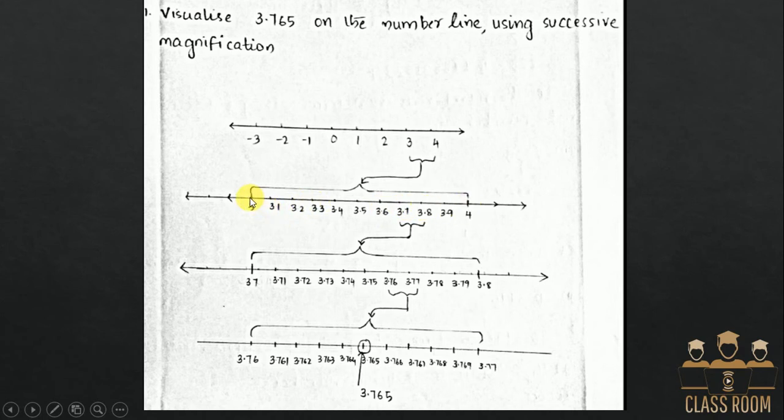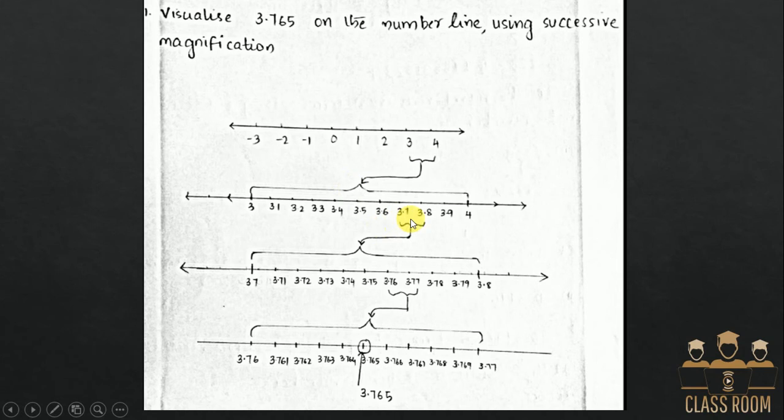So between 3 and 4 we can write 3.1, 3.2, 3.3, 3.4, 3.5, 3.6, 3.7, 3.8, 3.9, and 4. So now the number is near this 3.7.